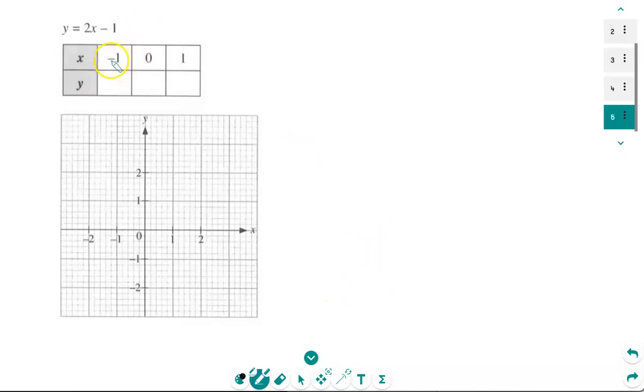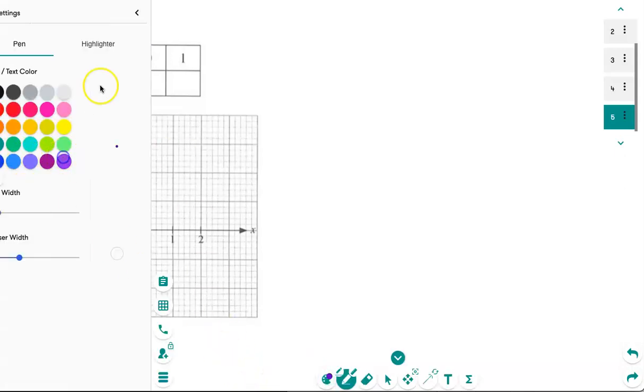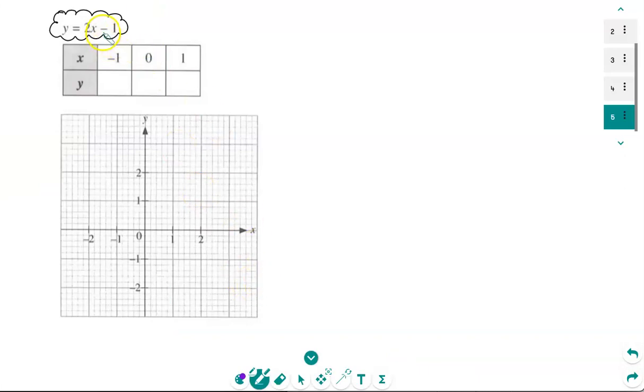So I can choose when x equals -1, 0 or 1, and I need to get the value of y. Let me just show you the process so it'll be easier for you to understand. Now the equation that we need to plot is right over here. So this is the equation that we're going to put the input into and see what the output is.